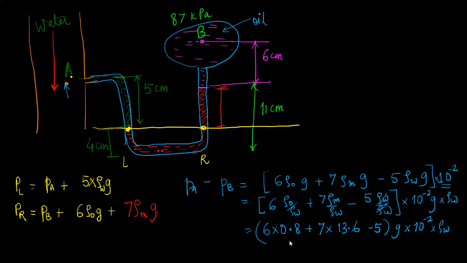So let me pull out my calculator real quick. It is 6 times 0.8 plus 7 times 13.6 minus 5, and it comes out to be 95, times G 9.81 times 10 to the power minus 2, that is the centimeter part, times the density, which is 1000.